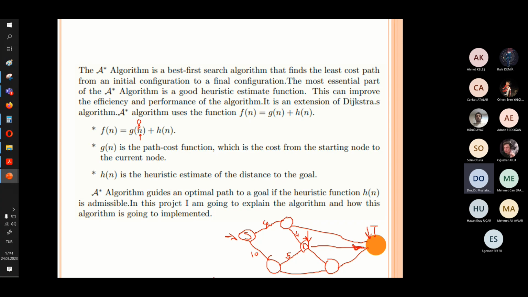So for example, if you want to go to Ankara from Adana, and you are in Aksaray, because you already traveled from Adana to Aksaray, you know the actual cost of going to Aksaray. Therefore, Gn is a known, crisp value. It's a certain value, certain distance, certain cost.